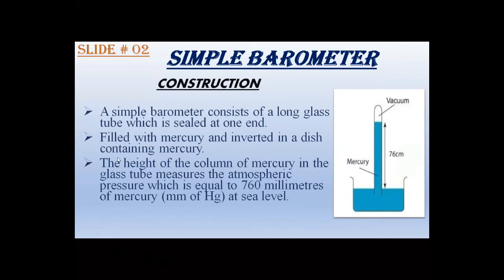The height of the column of mercury in the glass tube measures the atmospheric pressure, which is equal to 760 millimeters of mercury at sea level.